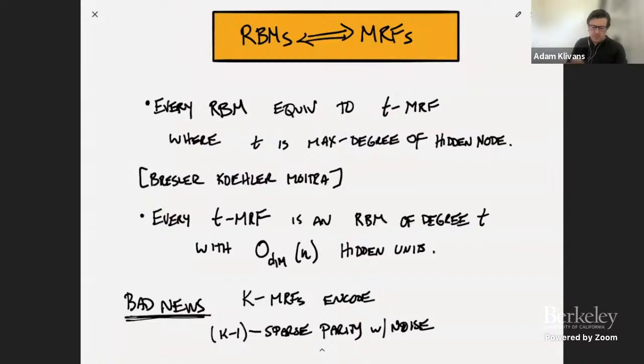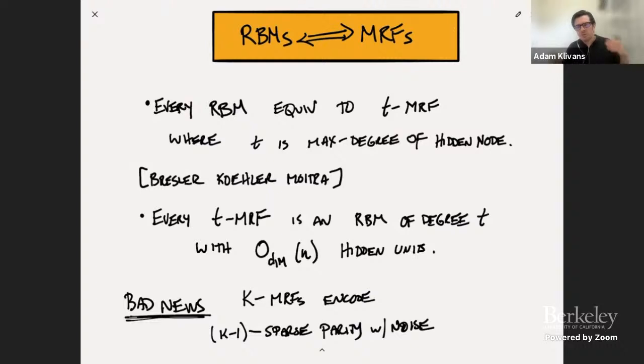Well, it turns out, and this was proved very recently in a paper by Bresler, Koehler, and Moitra, that every RBM, in terms of expressiveness, is equivalent to a T-MRF, an order T MRF, where T is the maximum degree of a hidden node.